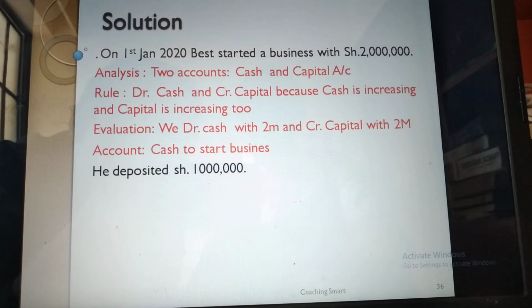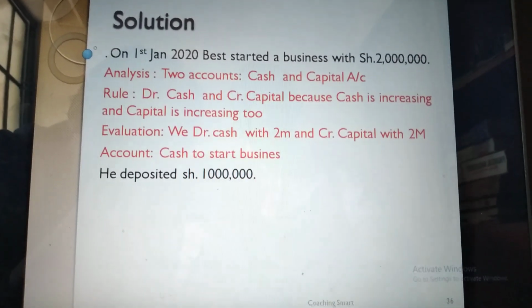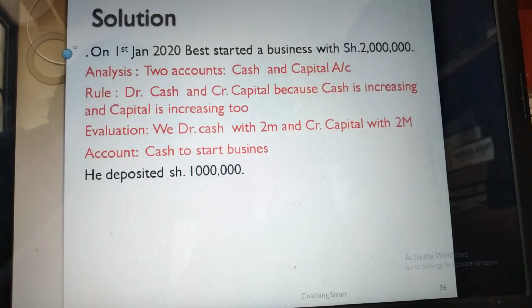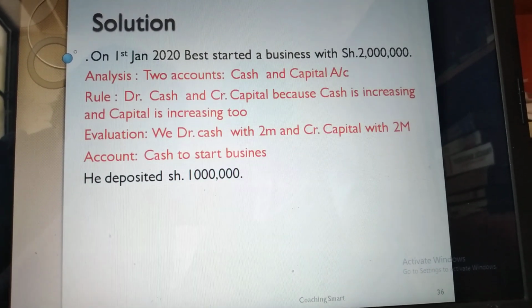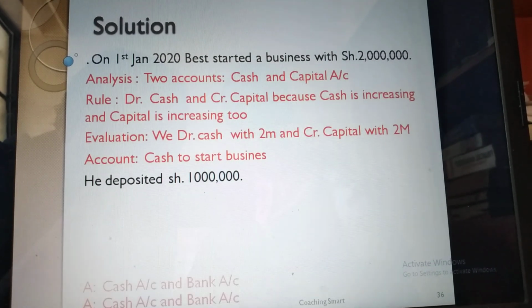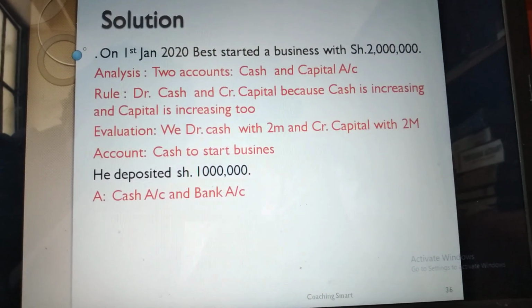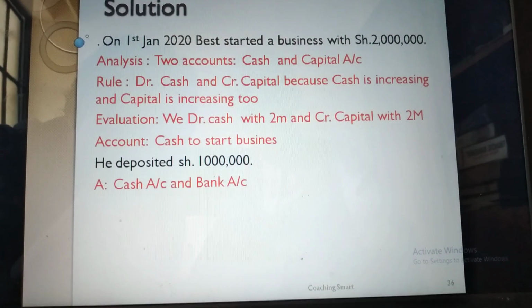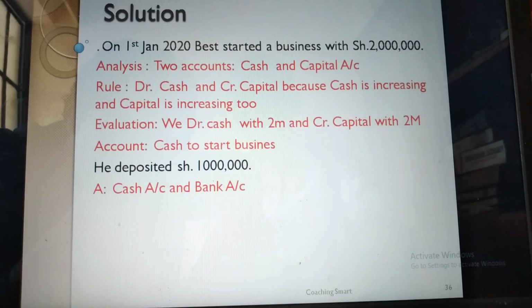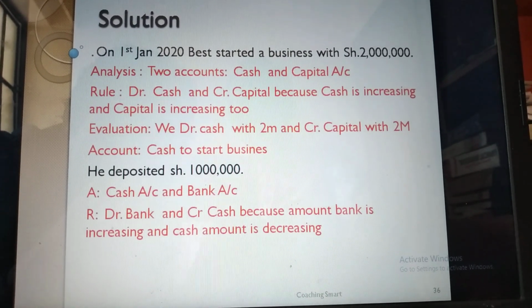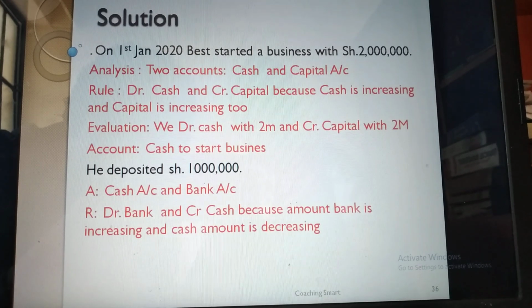Number 2, transaction. He deposited shillings 1 million, still on 1st January 2020. In this transaction, number 1, our analysis gives us 2 accounts: 1 is cash account, 2 is bank account. Number 2 is rule. Which one are we debiting and which one are we crediting?